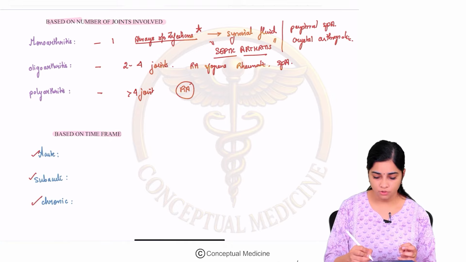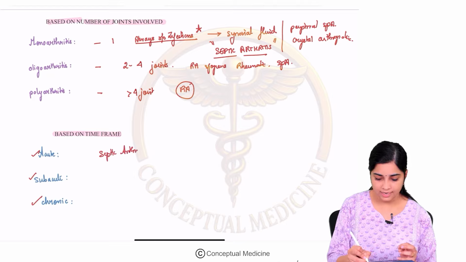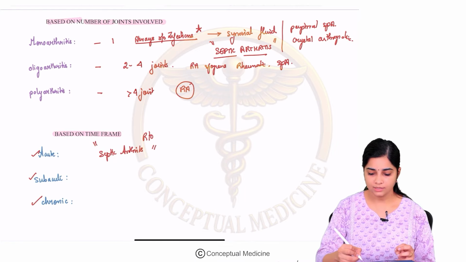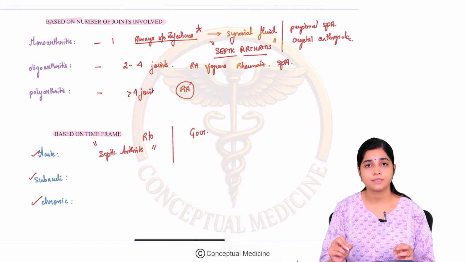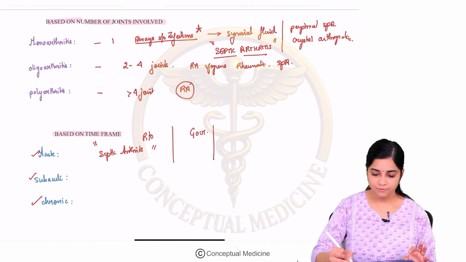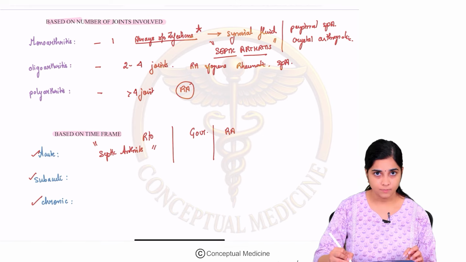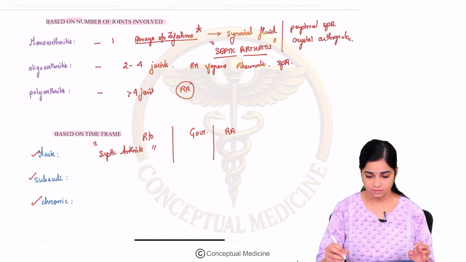So acute, you always remember again and again that septic arthritis has to be ruled out whenever a patient presents with acute arthritis. Other causes of acute arthritis, very important, gout. It presents precipitously with a severely inflamed joint. Apart from that, certain forms of RA can also present as acute arthritis.